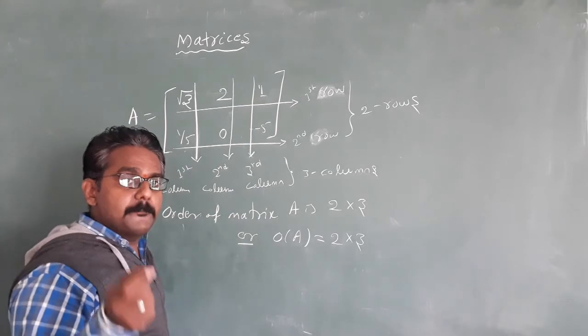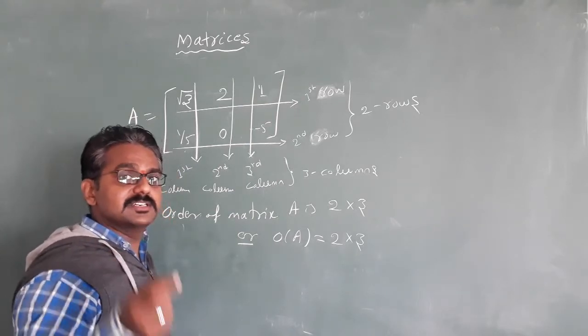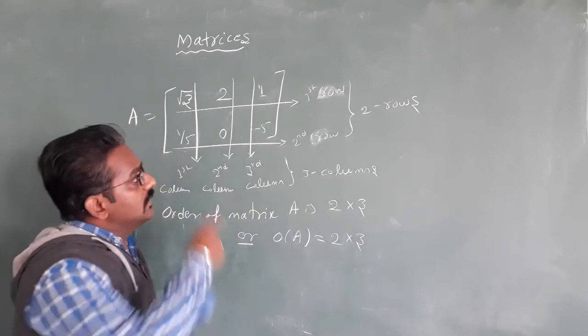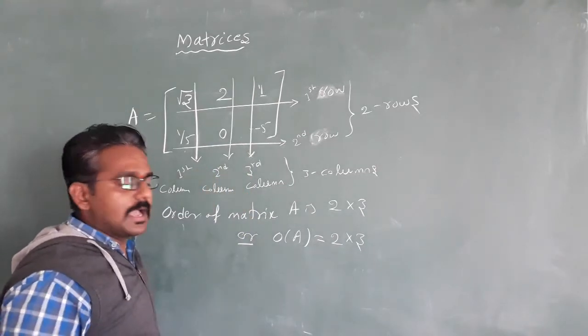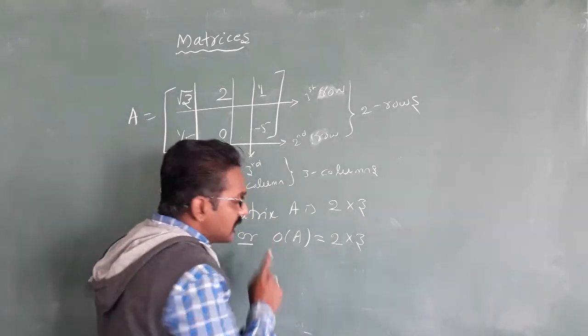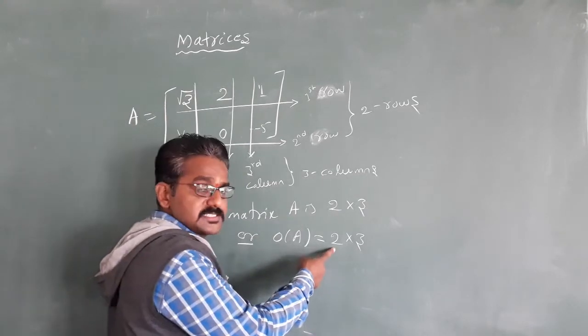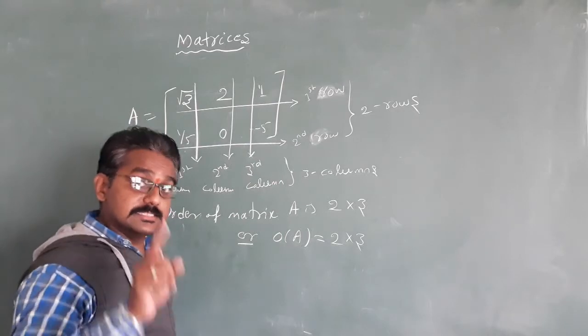So, for mentioning or locating the particular element of the given matrix, we should know the respective row and respective column. I said while mentioning the order of the particular matrix, we always mention the number of rows first, next number of columns. Already I mentioned that one.